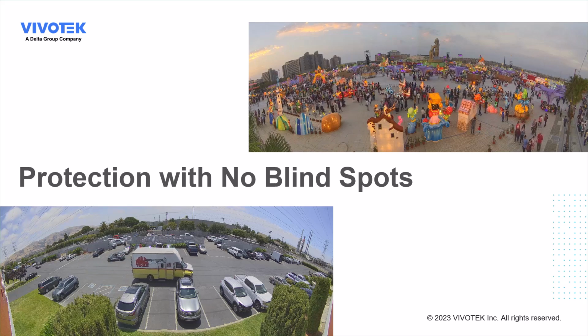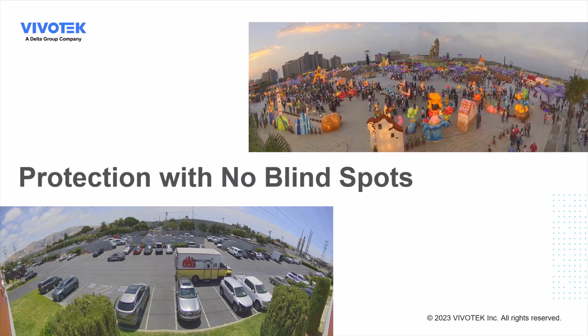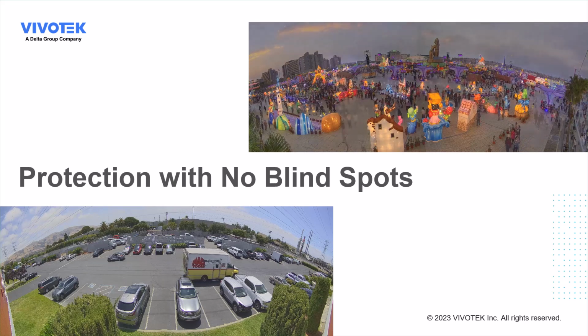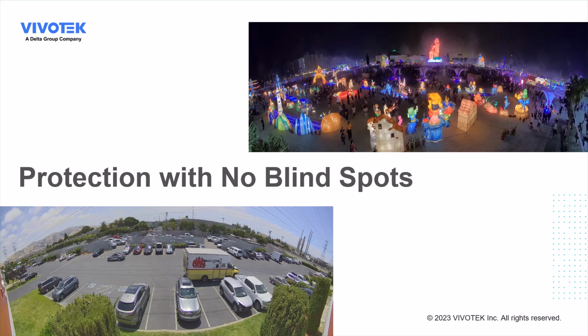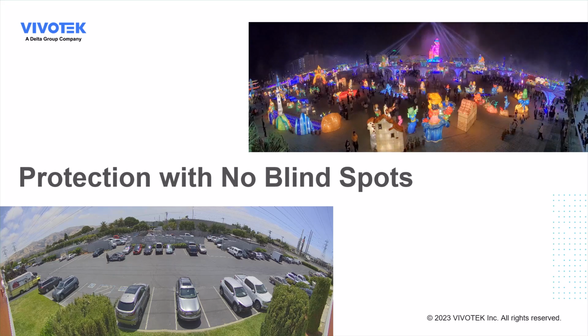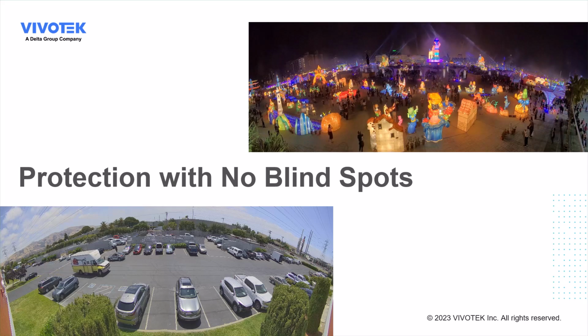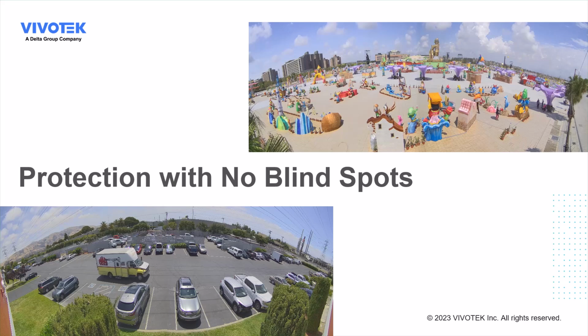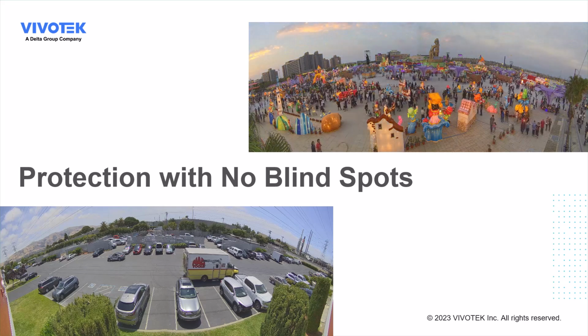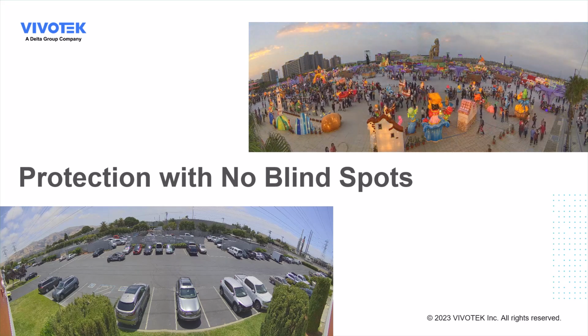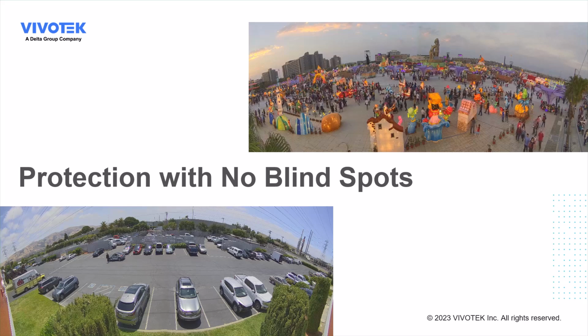This wide angle perspective ensures that every corner of the area is visible, eliminating the blind spots that often plague traditional camera systems. With no gaps in coverage, security teams gain a better situational awareness and more effective surveillance. This not only enhances overall monitoring, but also significantly reduces the risk of missing critical events or activities that might occur in areas typically obstructed from the view of conventional cameras.